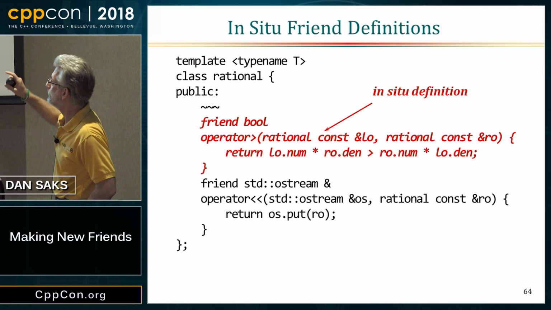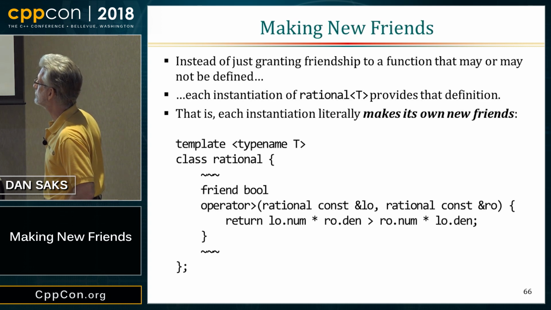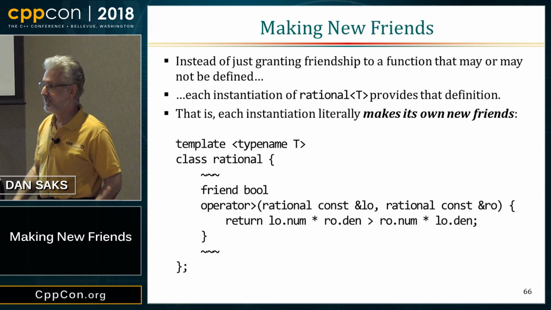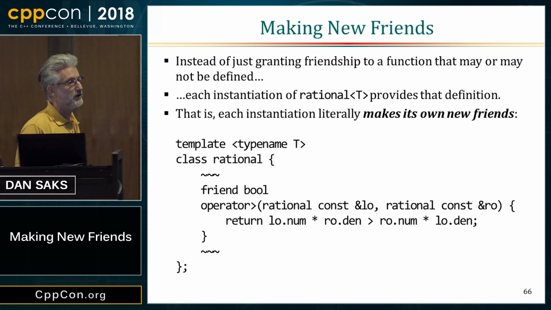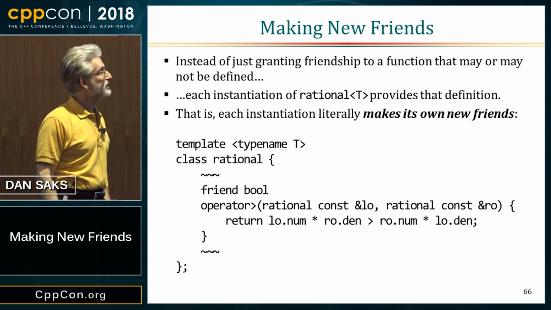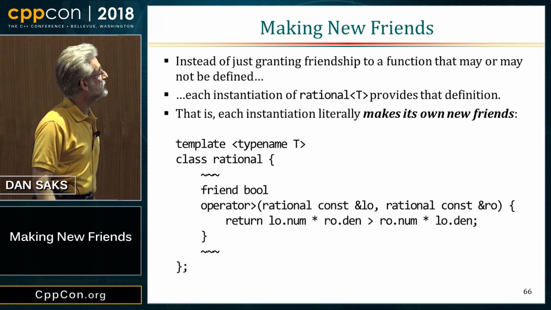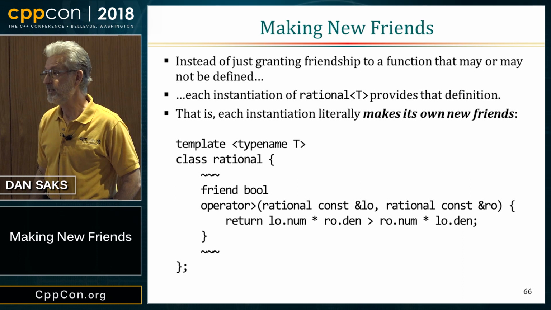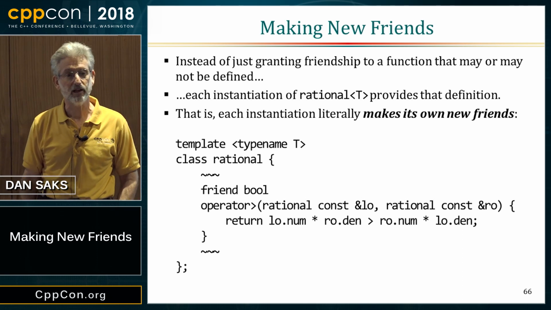In other words, the effect of this is that, let's actually look at this, when you place not just the declaration, but the definition of a friend function that itself is not a template, inside a template like that, every time you instantiate the class rational for a different type, it not only grants friendship to a function, but it manufactures the function that it's granting friendship to.